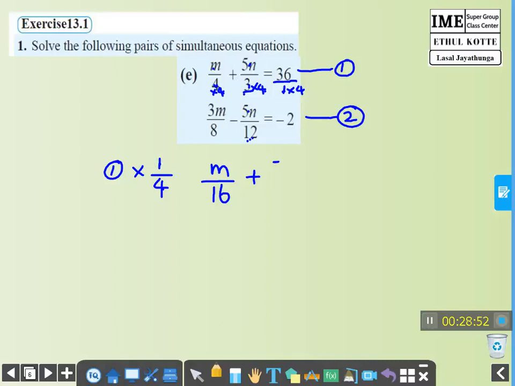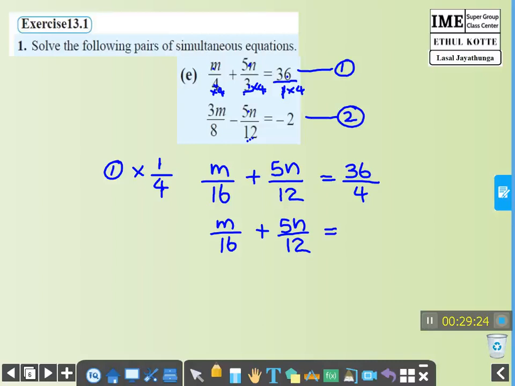Now see here, 1 multiplied by m, still m. 4 multiplied by 4, 16, plus 1 multiplied by 5n, 5n. 4 multiplied by 3, 12. 1 multiplied by 36, 36. Here no bottom value means 1, 1 into 4, 4.